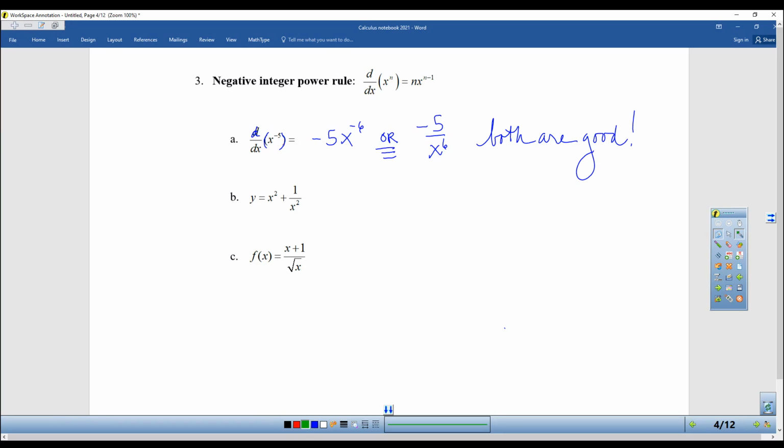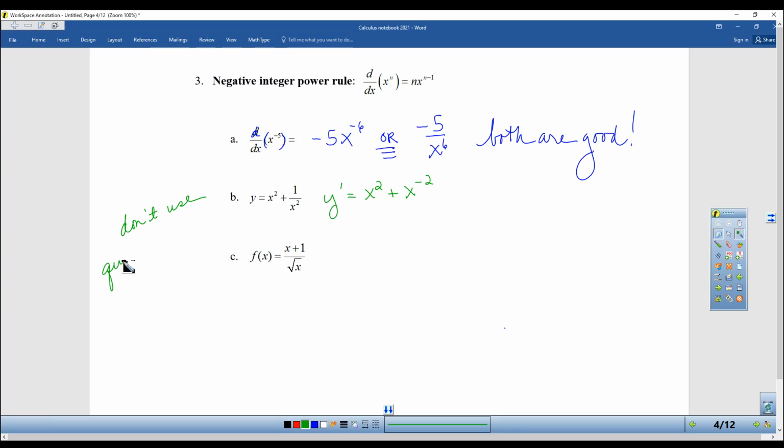So what's really important is when you just have a constant on top, I cannot stress enough that these problems will be so much easier if you bring that to the top and give it a negative power. That's easier than quotient rule.